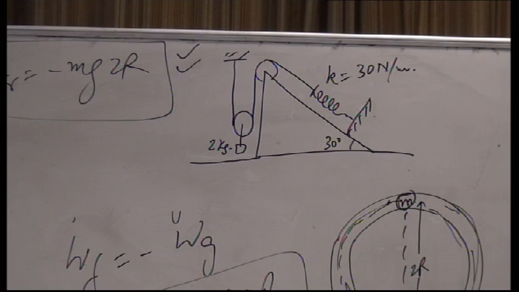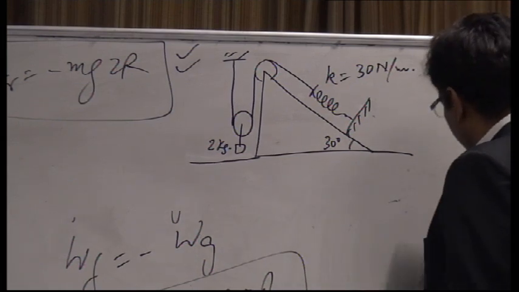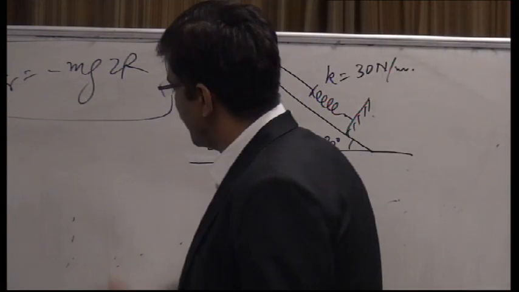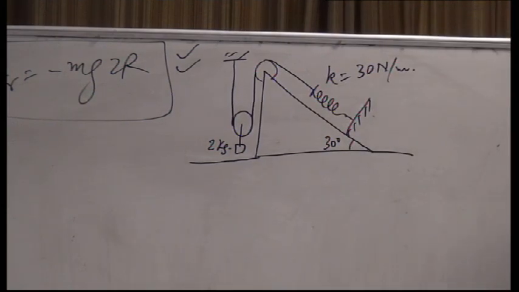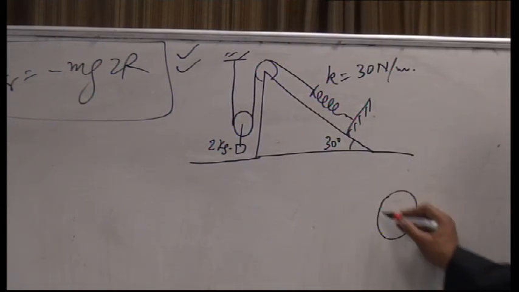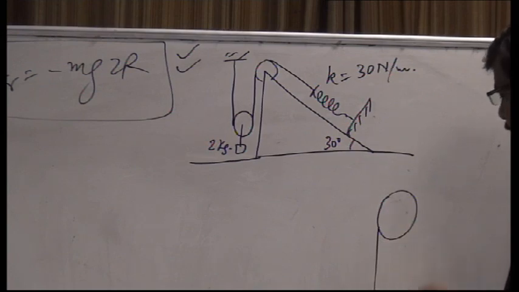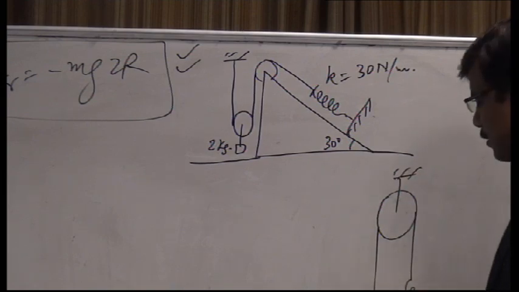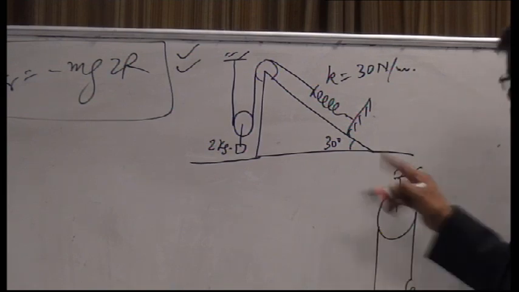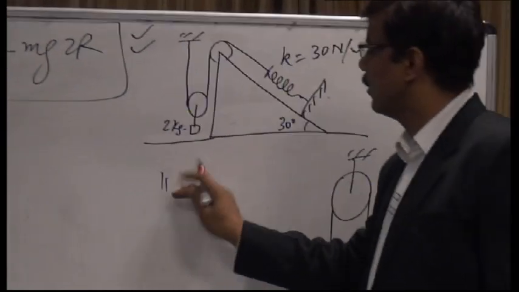Same question, children, because I will not give the question again. JEE is known for just changing the data sometimes. So the same question can be asked with this diagram. The question is the same, make a different diagram.